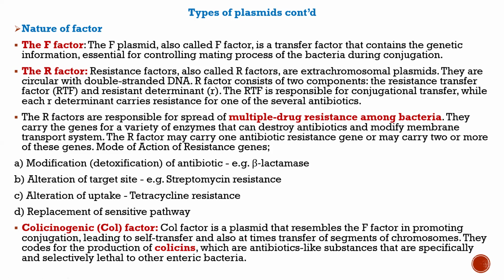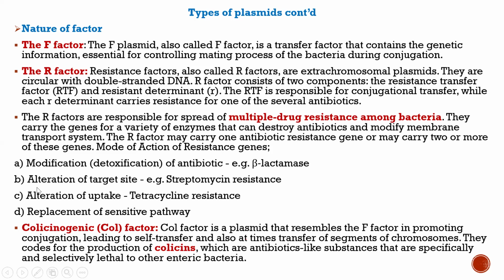So what are the modes of these resistance genes? What are the modes by which this R factor is able to be resistant to these antibiotics? Number one is modification or detoxification of antibiotics, for example the beta-lactamases, which modify or neutralize these antibiotics.